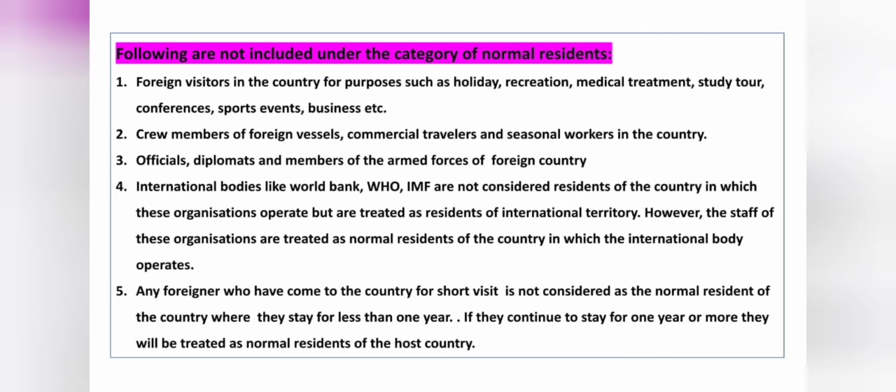Now, crew members of foreign vessels, commercial travelers, and seasonal workers in the country. For example, foreign workers who work part of the year in the country in response to the varying seasonal demand for labor and return to their households, and border workers who regularly cross the frontier each day or somewhat less regularly, maybe each week, to work in the neighboring country, are the normal residents of their own country.